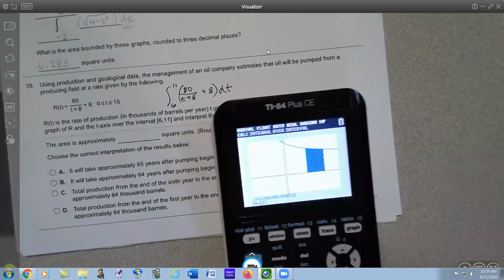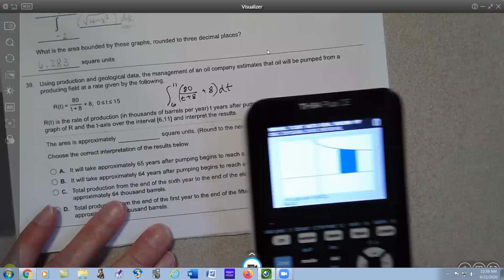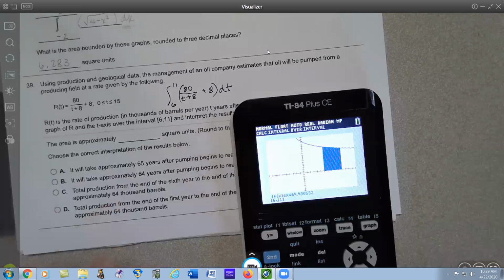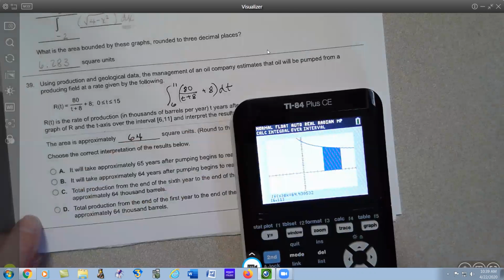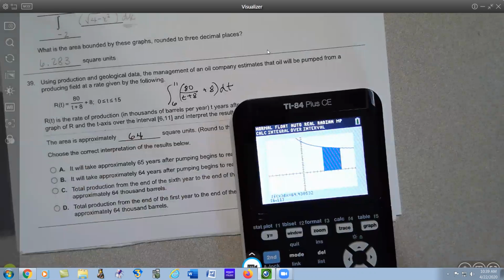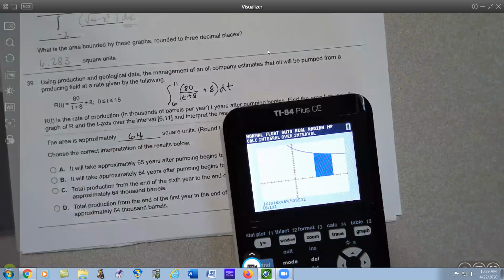So approximate, round to the nearest integer is needed. So I would say 64. Would that be okay? Everybody all right with that so far?